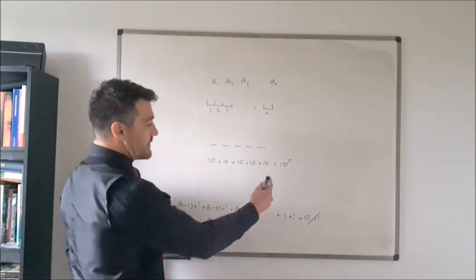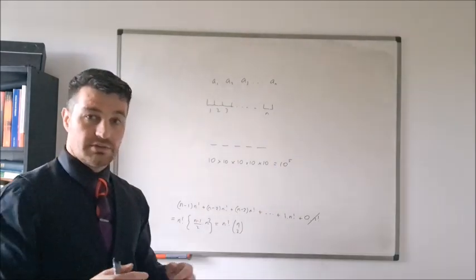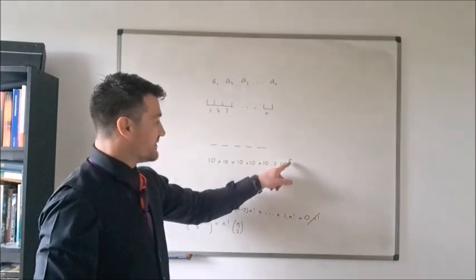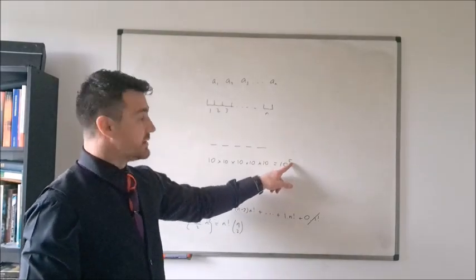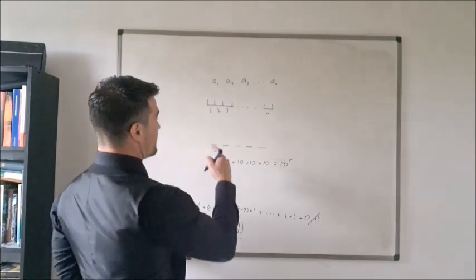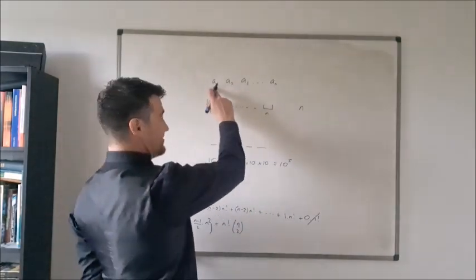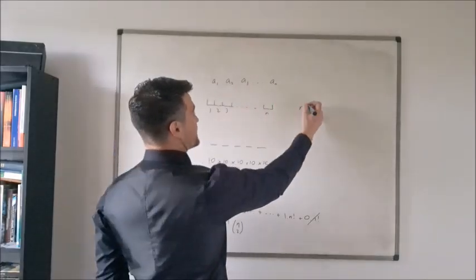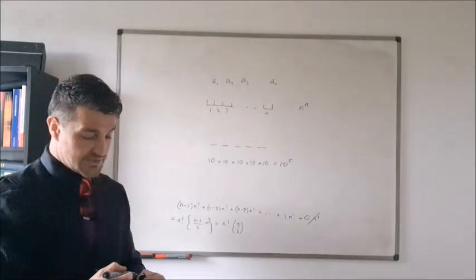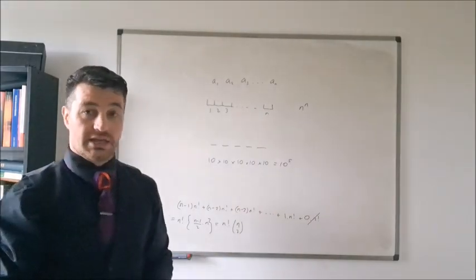So here I've got the number of objects, digits in this case. This is the number of spaces. So in this case, kind of flipping it around, the number of objects is n. The number of spaces, which were originally the balls, is n. So the total number of combinations is n to the power of n.